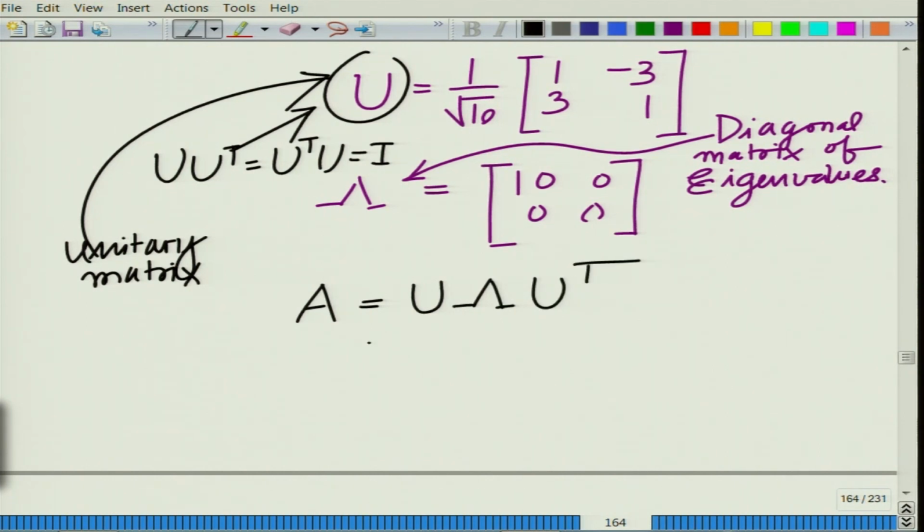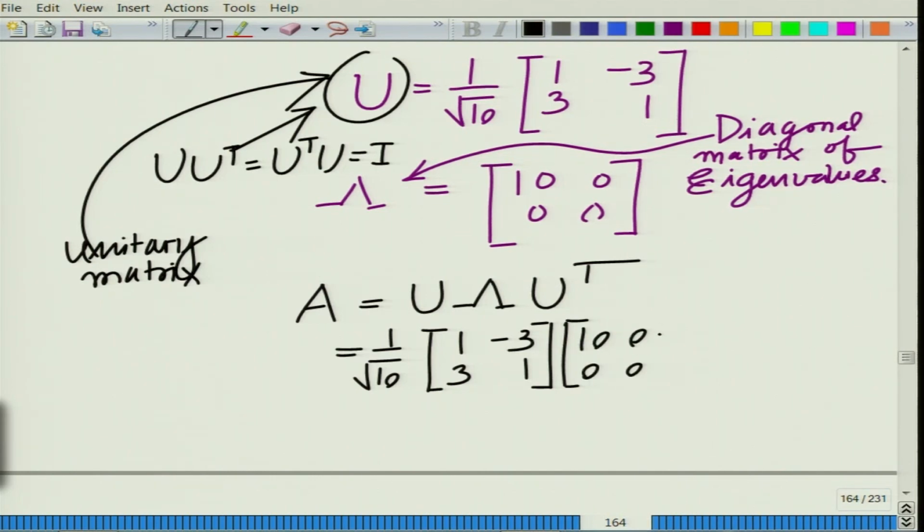A, you can clearly see, can be written as U lambda U transpose, which is 1 over square root of 10 times [1 3; minus 3 1] times lambda, which is essentially [10 0; 0 0], times U transpose, which is 1 over square root of 10 times [1 minus 3; 3 1].